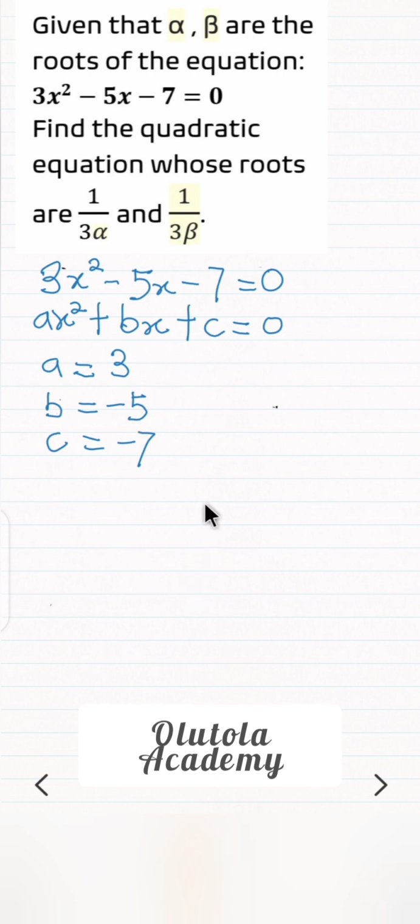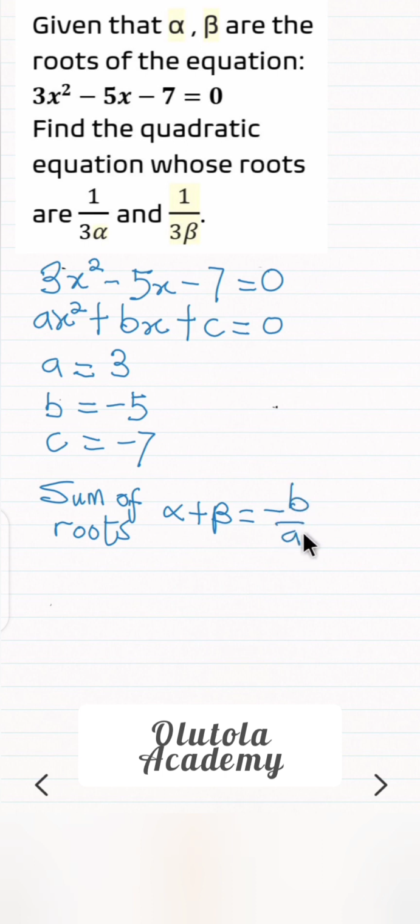Next, I'm going to find the sum and product of roots. The sum of roots is given by alpha plus beta, which is equal to minus b over a, and that will give us minus into bracket minus 5 all over 3, and that will give us 5 over 3. So our sum of roots alpha plus beta is 5 over 3.